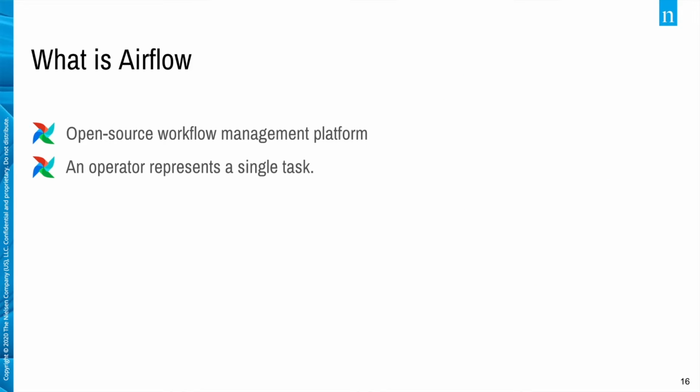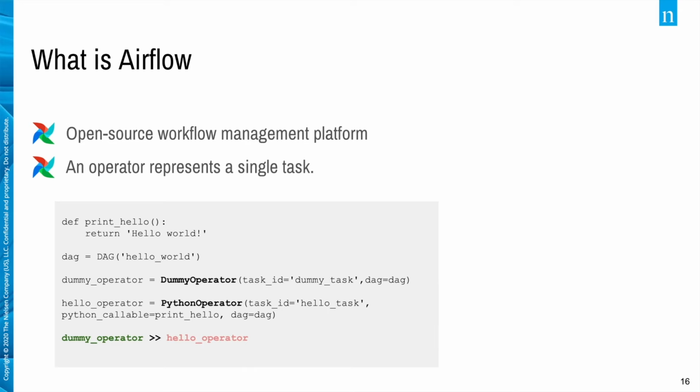Now, Airflow. Airflow is a simple platform to manage your workflows, and it is built of a simple component called an operator that represents a single task and is implemented in Python. Let's take a look at an example to have a clearer vision. So this is a simple Airflow DAG.